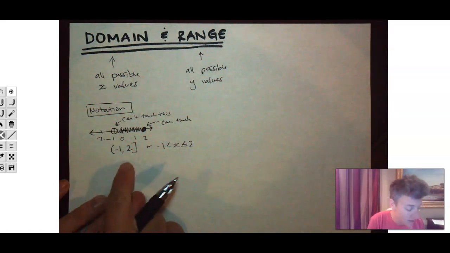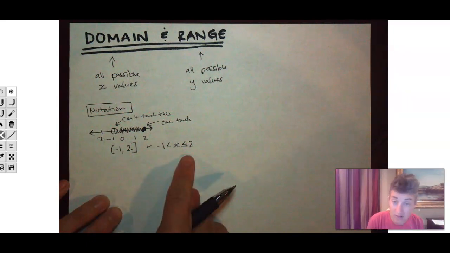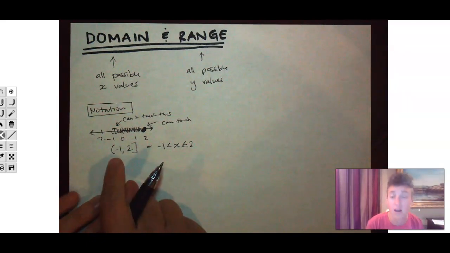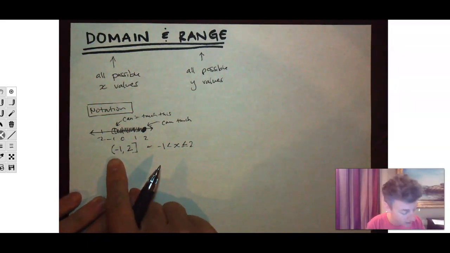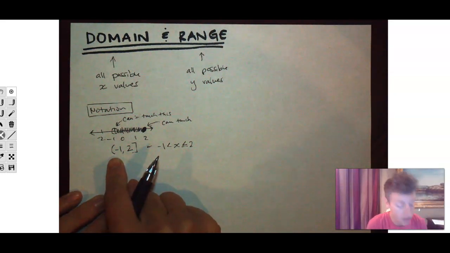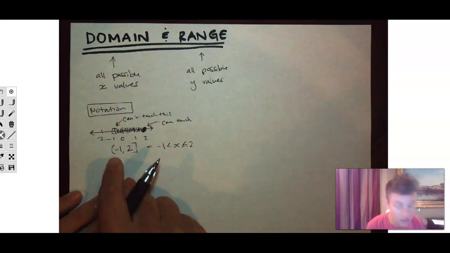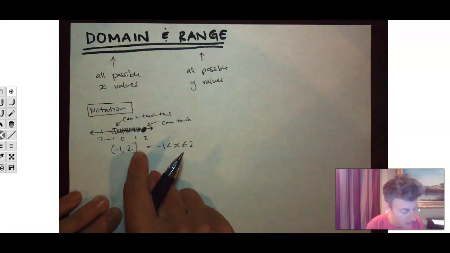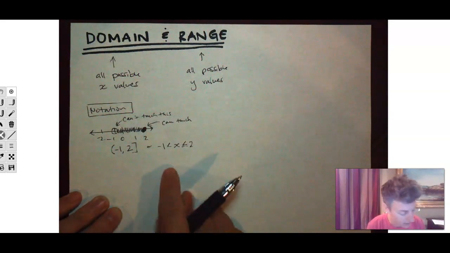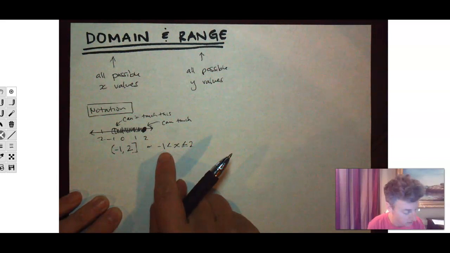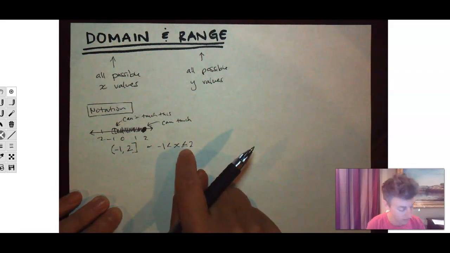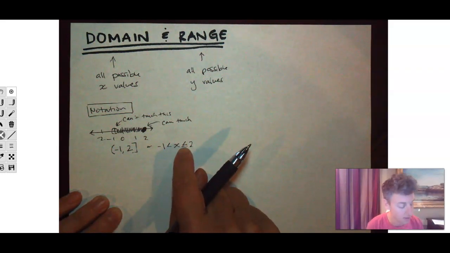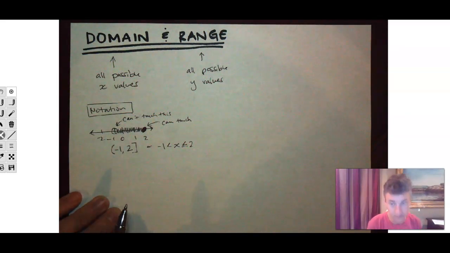These are the two ways you can write your domains and your ranges. Okay, so I like this one better. I think it looks prettier. It's a little bit faster to write. Open parentheses means can't touch it. Close bracket means you can touch it, or another way to write that is with your inequality symbols. So the equal sign for when you would have a closed circle.